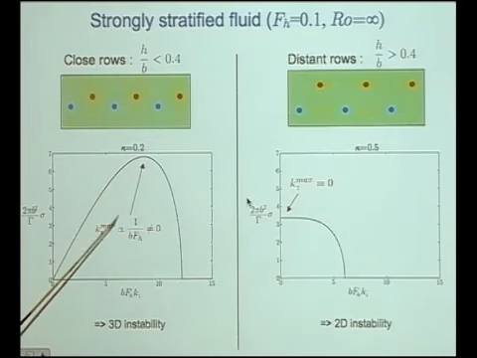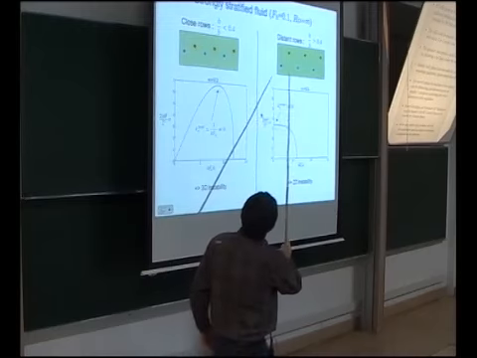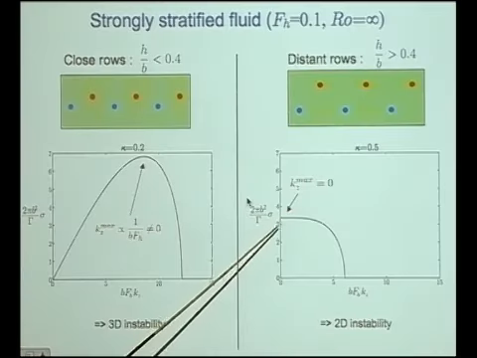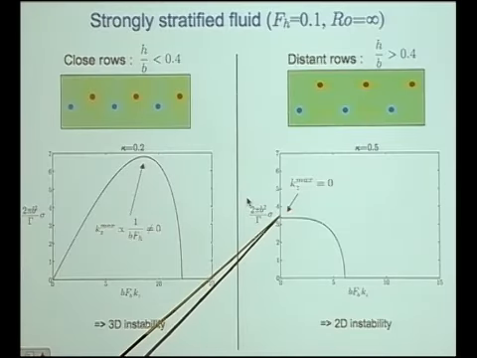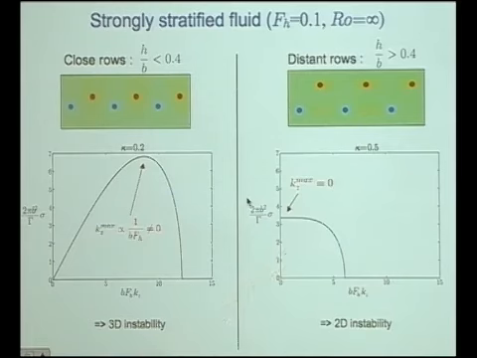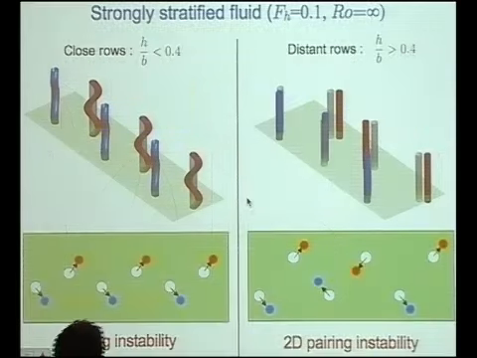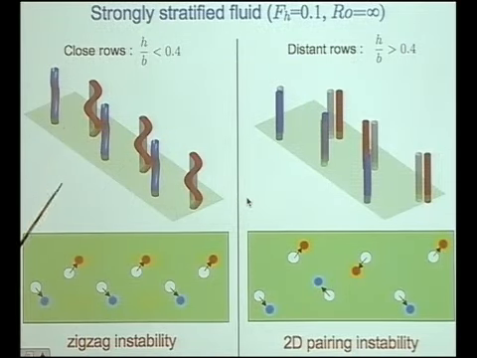In this case, we see that the growth rate increases and then reaches a maximum, so the most unstable instability is three-dimensional. While when the rows are distant, the maximum growth rate is obtained for zero wave number and then decreases. So in this case, the dominant instability is two-dimensional.